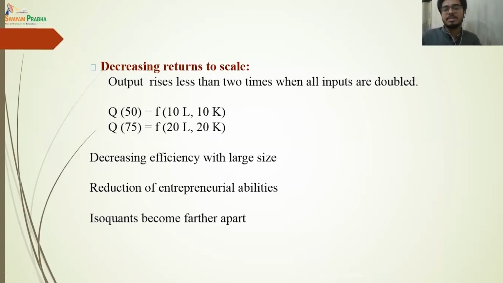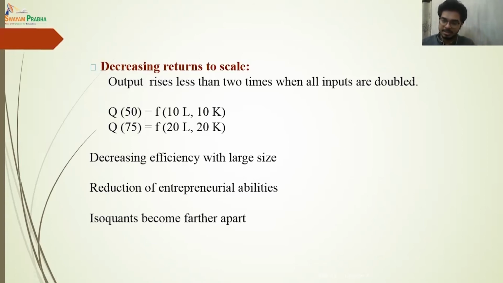The last one is decreasing returns to scale. And I think you now understand what decreasing returns to scale is. This is nothing but when the output rises by less than 2 times, even if you have increased your inputs by 2 times. We have seen in the slide that labor and capital have increased by 2 times and 2 times, whereas the production should have increased from 50 to 100.